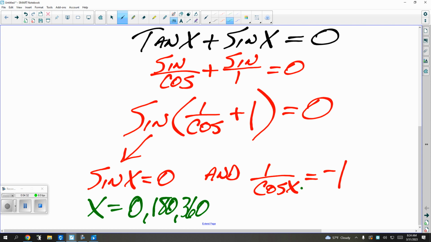Well, I'm going to swap these. So it's going to be negative 1 equals cosine x. And then x equals, and I'm looking for negative 1 in the cosine column, and I see that as 180. I can write the 180 again, but it's just kind of there.